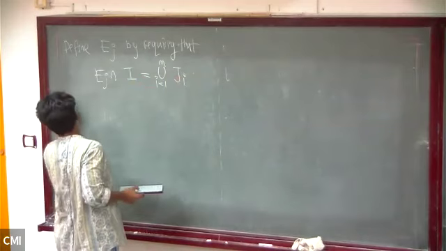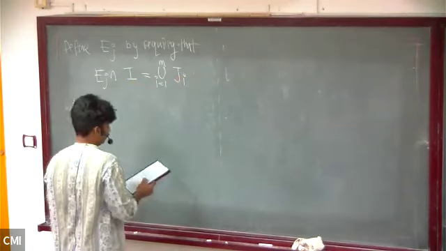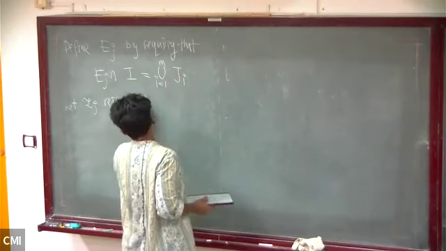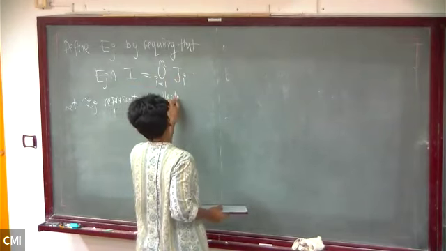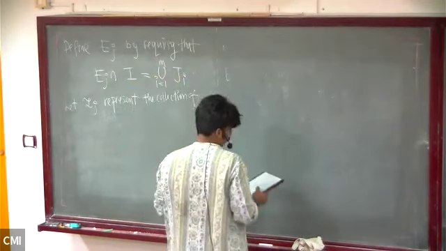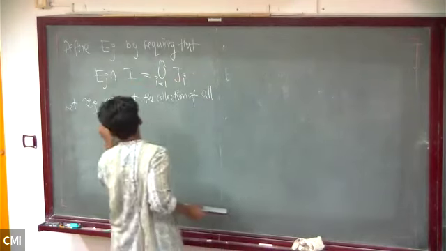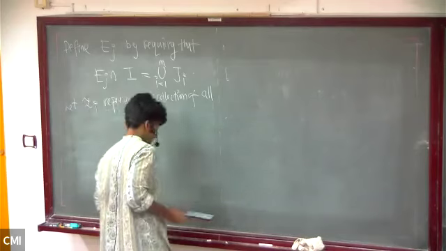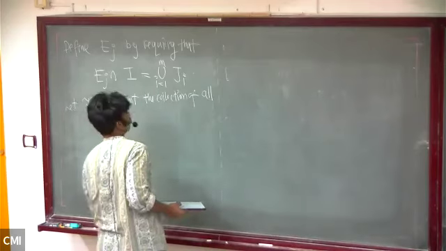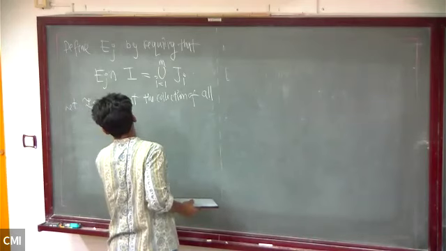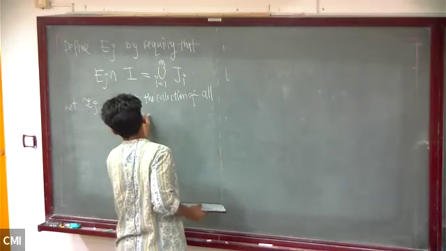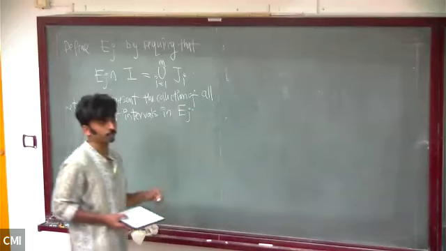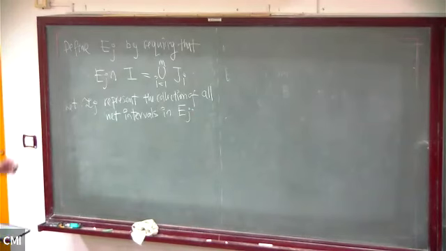Now let curly Ij, as before, represent the collection of all subintervals, or say all net intervals, in Ej. So that's a notation that we have used earlier as well. Now, the theorem.